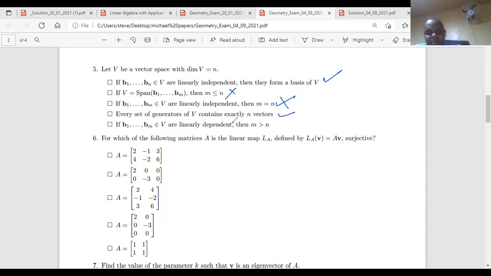True or not? Every set of generators of V contains exactly n vectors.